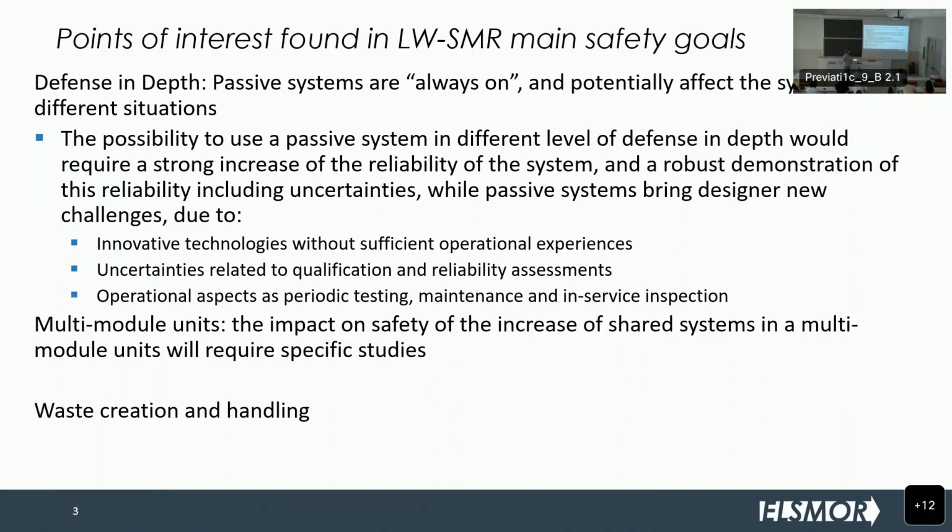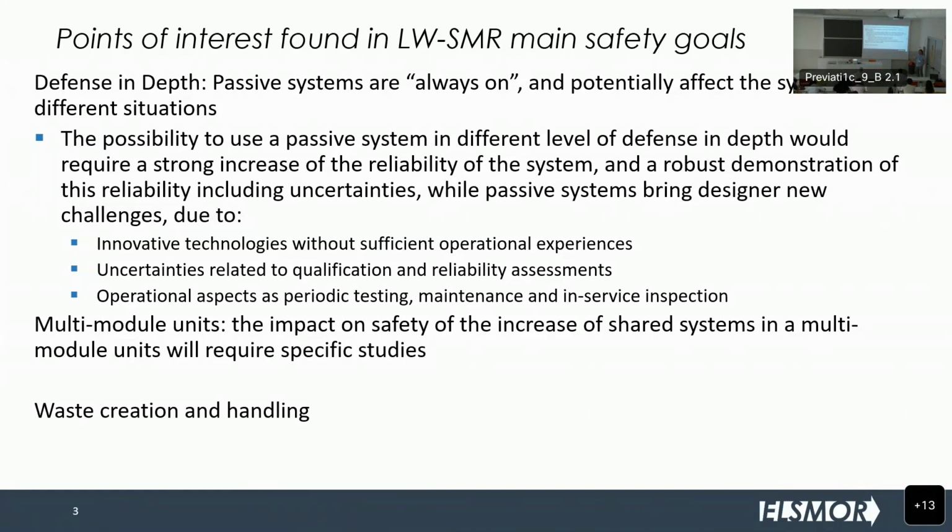So this kind of system can operate in a bit different ways depending on the plant state, and it might also interfere with the defense in depth approach, where basically for each different function you have a different system. And for new concepts, we don't have that much operational experience that we can outright say that this is not an issue.